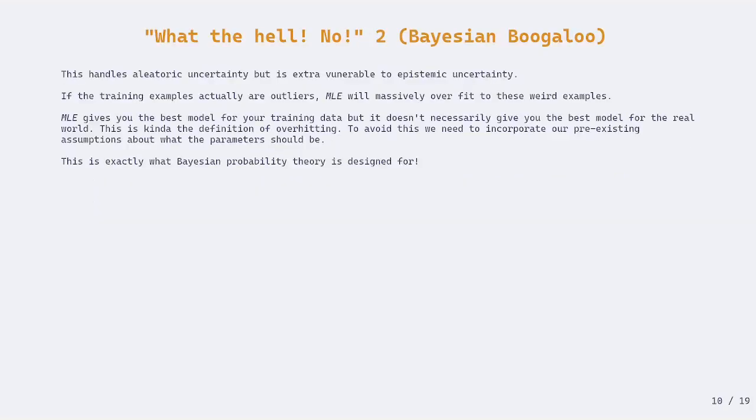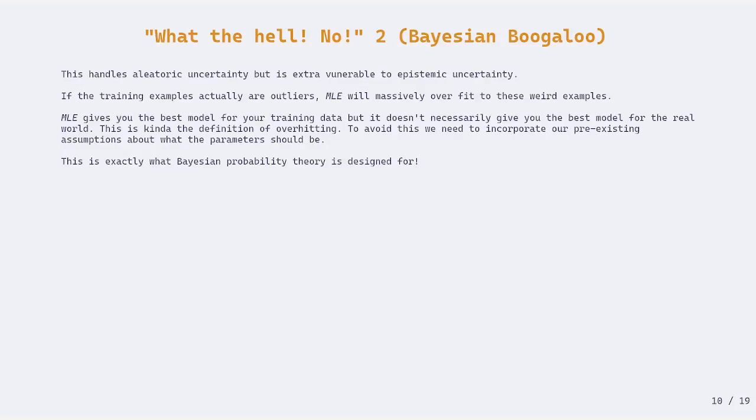But no, that's still stupid. The assumptions on this rely on having a slightly ridiculous amount of training data, and it's super vulnerable to epistemic uncertainty. This is kind of the definition of overfitting.